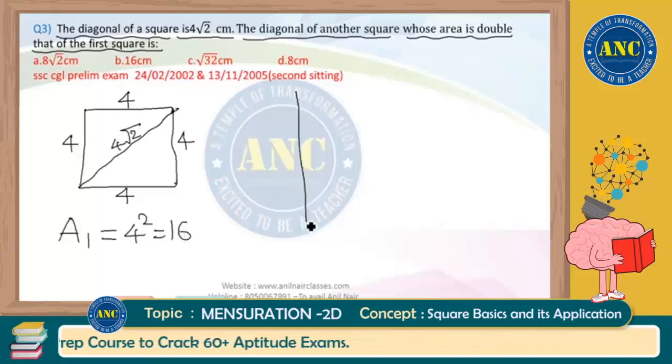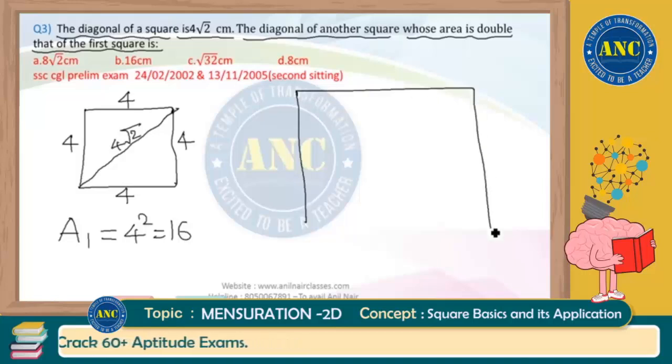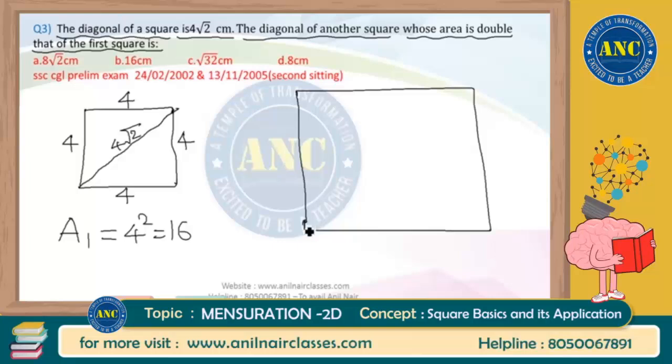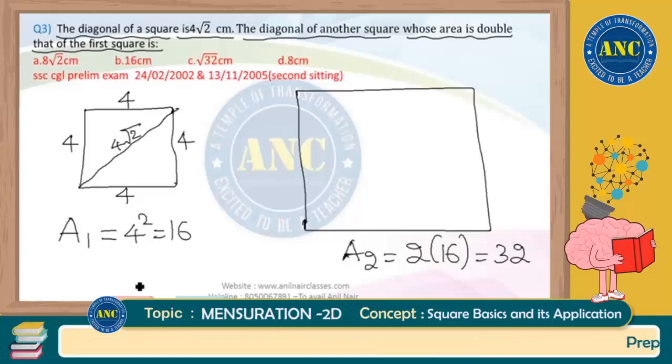Now I have my second square, whose area is nothing but double that of the first square. That means A2 is nothing but 2 times the first area. 2 times 16 is 32. Now the area is 32.